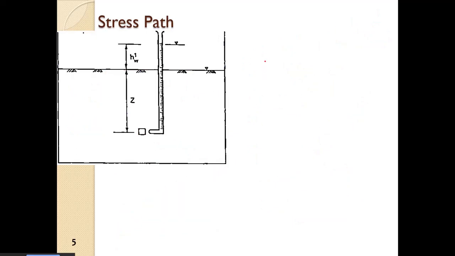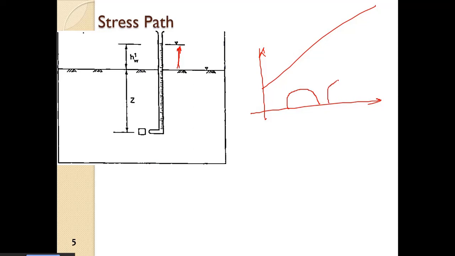So now, suppose the groundwater table rises, definitely, if the effective stress was here and the total stress was here initially when the groundwater table was here, after the rise the total stress will increase a little bit because of the weight of water now there.